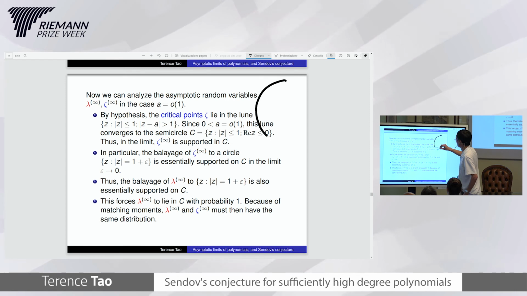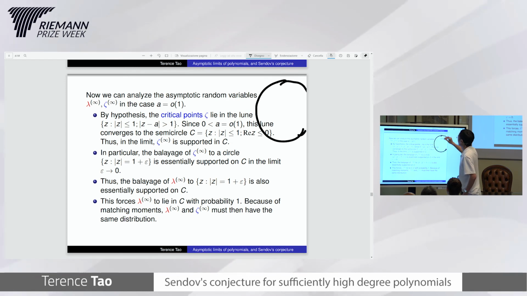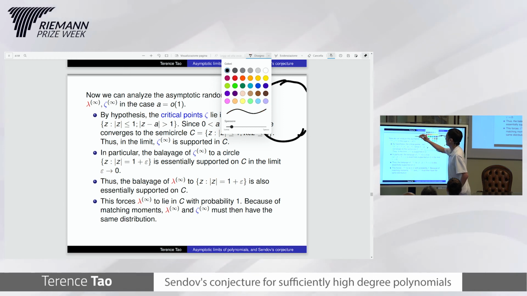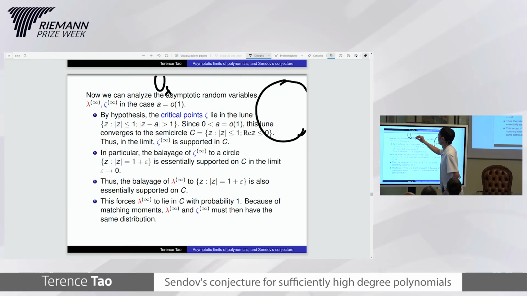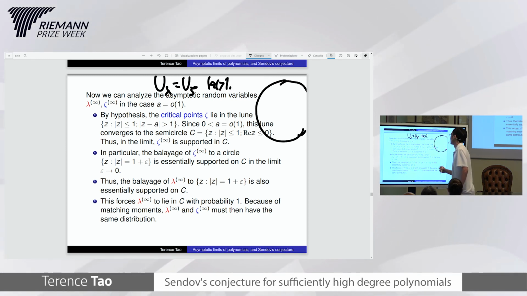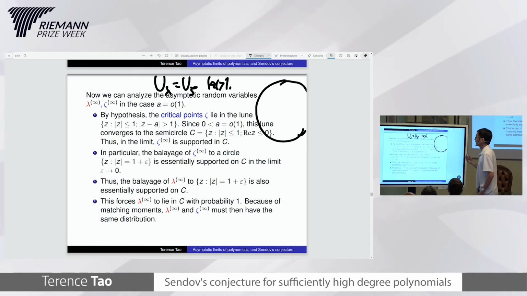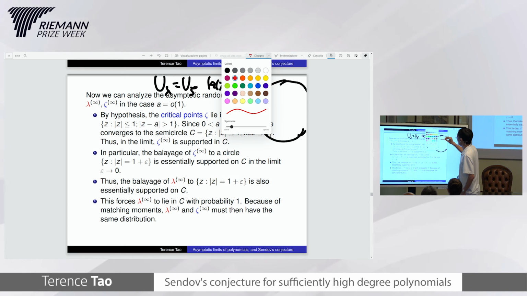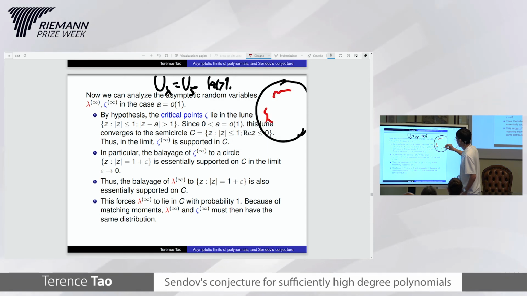Okay, here's the unit circle. So I have this relationship that these two log potentials agree outside the unit circle. Another way of thinking about this is the following. The zeros are distributed by some measure.